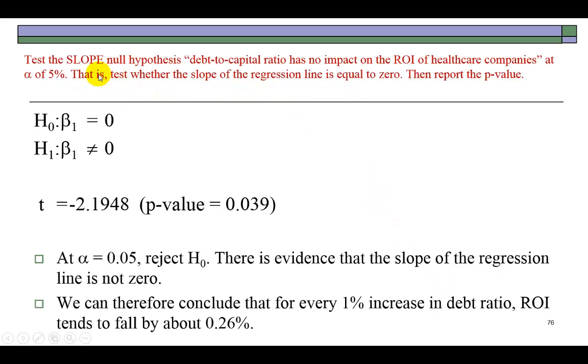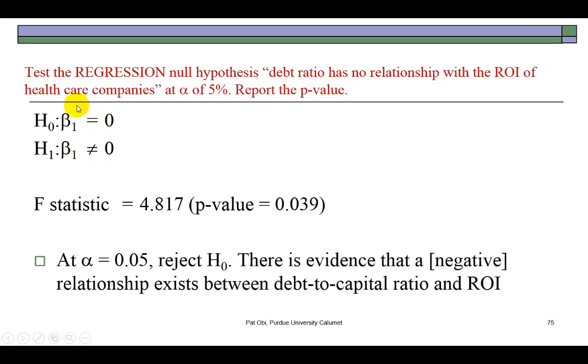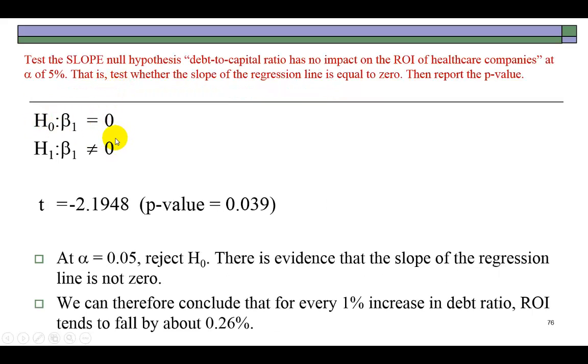In the same vein, we wish to test the slope null hypothesis. In other words, does debt ratio contribute information in the prediction of return on investment? Or alternatively stated, does debt ratio have an impact on ROI? So right here, the statement of hypothesis is going to be identical to that of the regression, because the slope is the only parameter that is of essence here. Now for that, we look at the t and then the corresponding p-value.